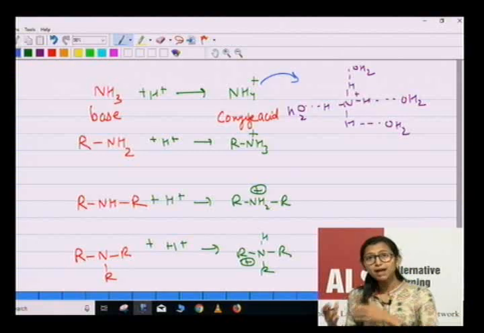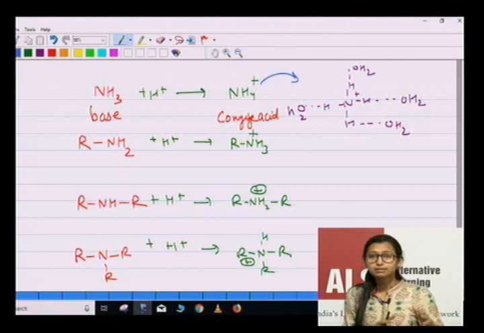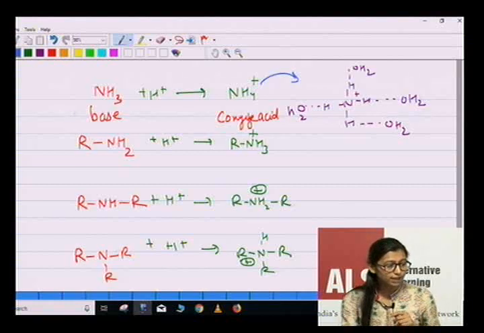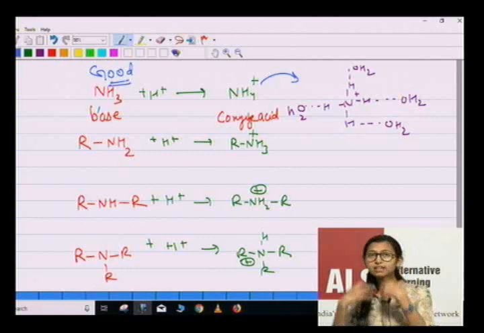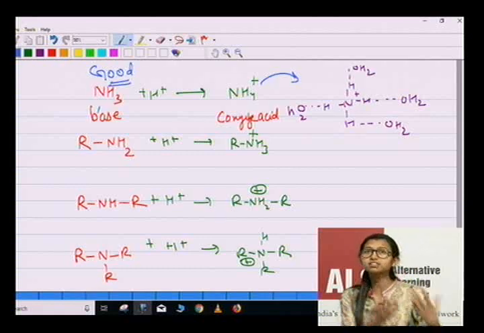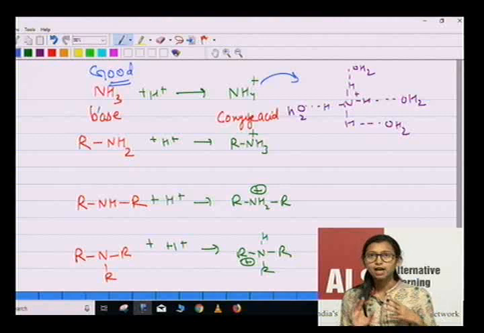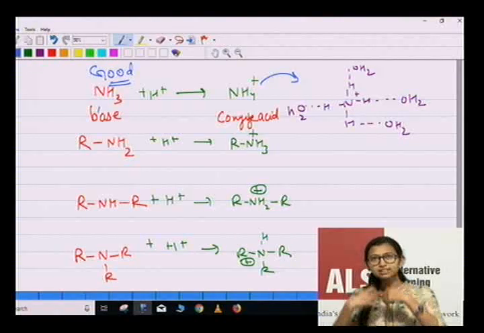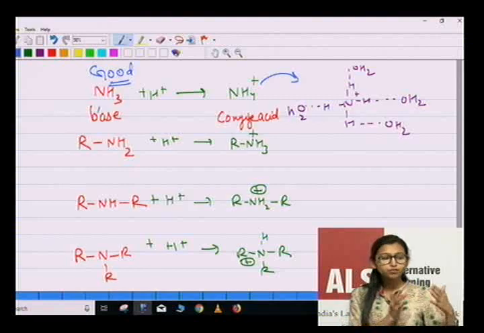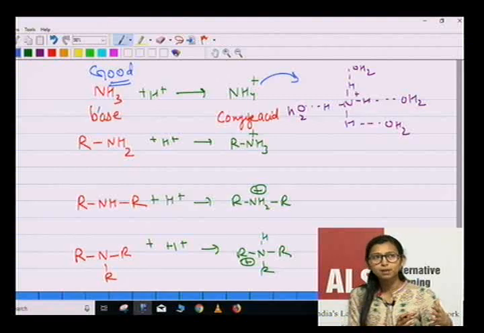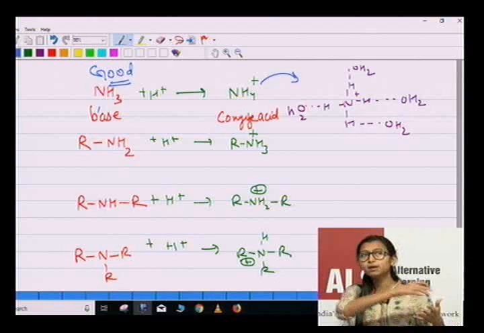Now can I apply the same concept here? That this will be a very good base, because when it accepts the H plus ion, it gets stabilized by the water. Are you people getting it? When it accepts the H plus and forms that particular NH4 plus, then it gets stabilized by the water.